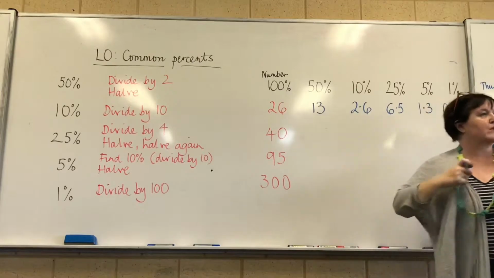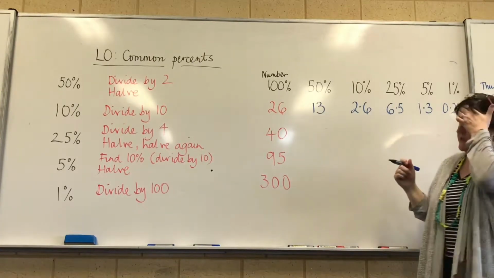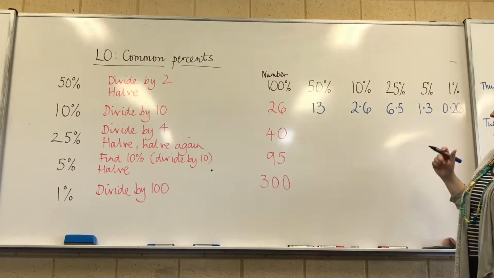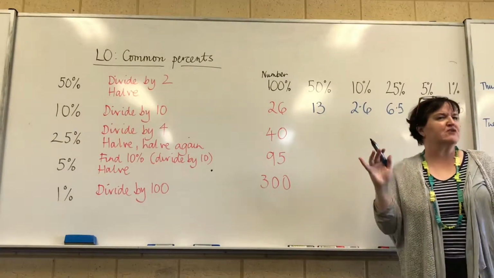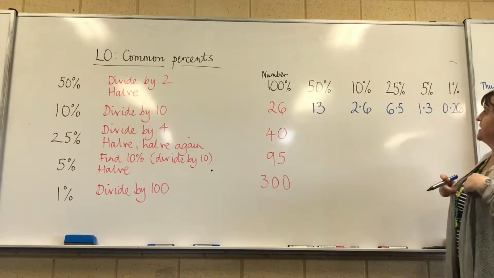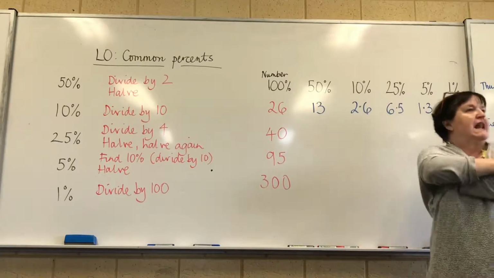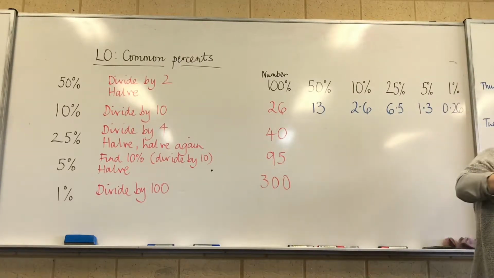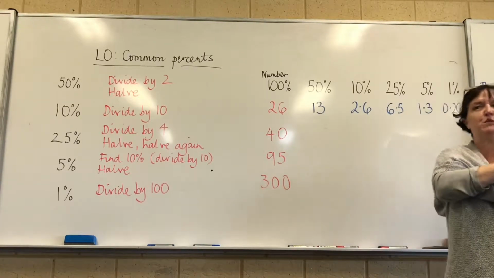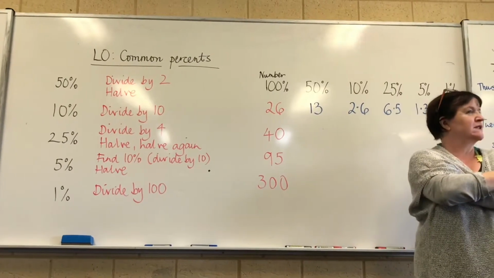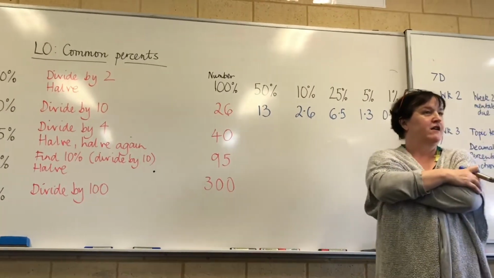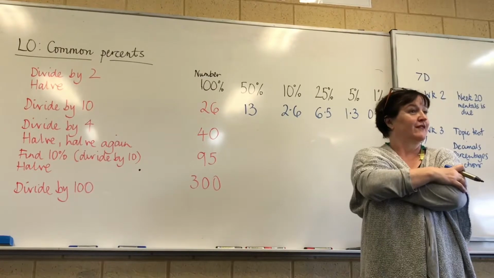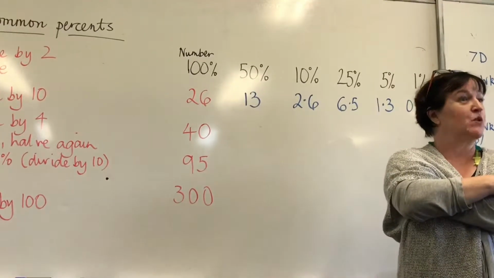Okay. We all with me? So, just as a matter of interest, who would be able to find 51% of 26? How might you do it? Alex? You add 0.26 to 13. You would. Well done.